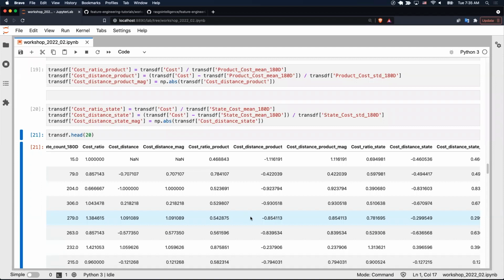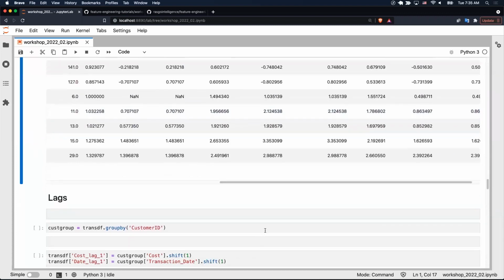Or do I use the first 180 days to build what I'd call my signature for my customer, my signature for my state, my signature for the product, and then exclude any transactions in that first 180 days from modeling? I'm going to ignore them from modeling, use them to build my features, but not use them to build my modeling.